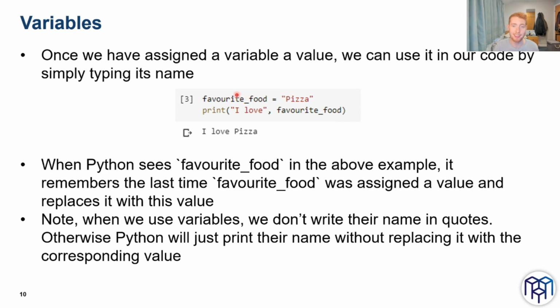Python recognizes that this should be replaced by this. And so we print out I love pizza. And so that's just the explanation at the bottom here. And so the key thing to note here is we don't use quotes when we are referencing a variable. If you want, try this with quotes around favorite food, and you'll see that it literally prints out favorite underscore food. That's not what we wanted. We wanted Python to replace that with the value we set it to.